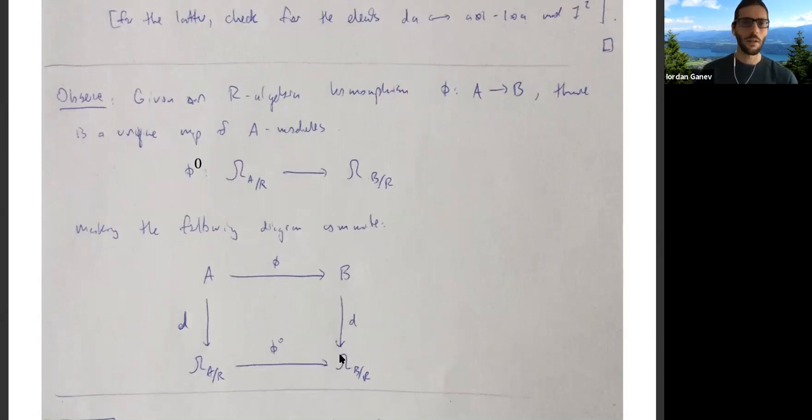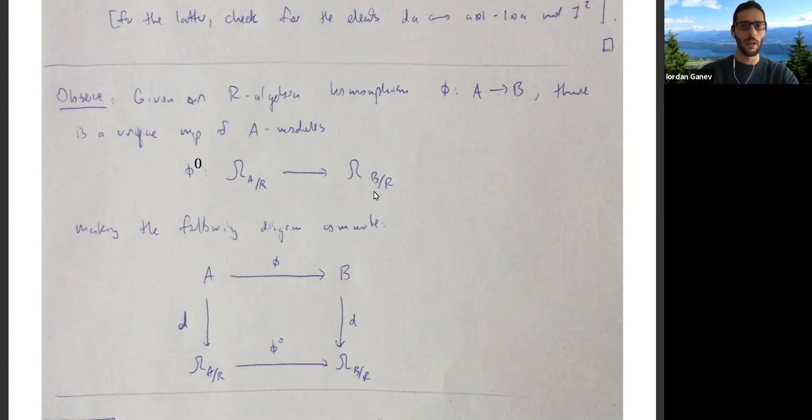Just like with derivations, anytime we have an R-algebra homomorphism between two R-algebras, then we get a linear map between the Kähler differentials. The A module structure on the Kähler differentials of B is coming from this homomorphism. And we have the following commutative diagram.